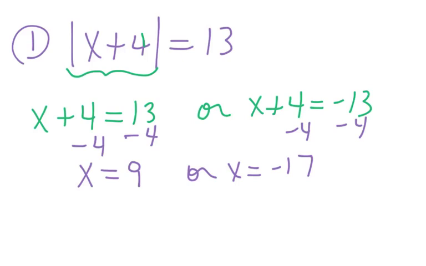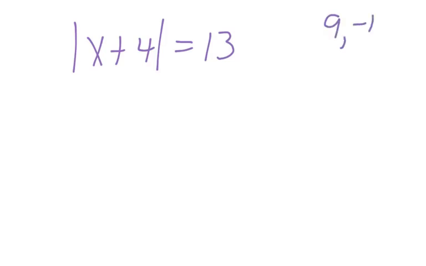You really should spot check your answer. I'm not going to do it for all the examples, but I would, just to make sure. We're claiming that 9 and negative 17 are the answers. If I plug a 9 in for x, 9 plus 4 is 13.